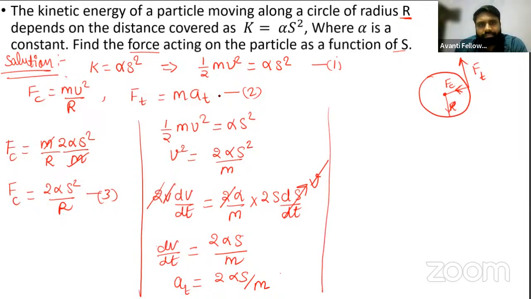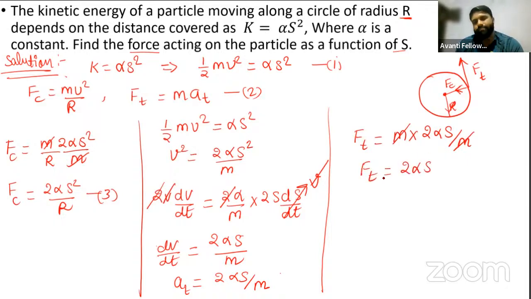Now put the value of a_t in this second equation. So F_t you will have as mass into tangential acceleration, which is 2 alpha s by m. M and m will cancel out. So F_t you will have as 2 alpha s.